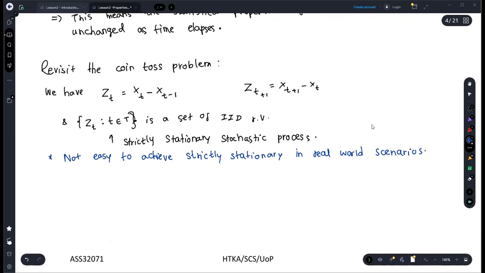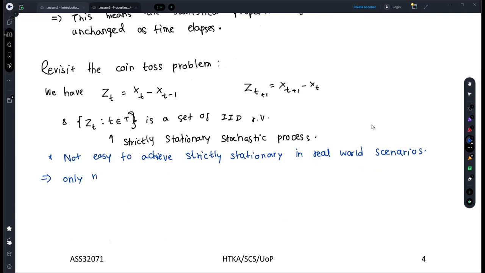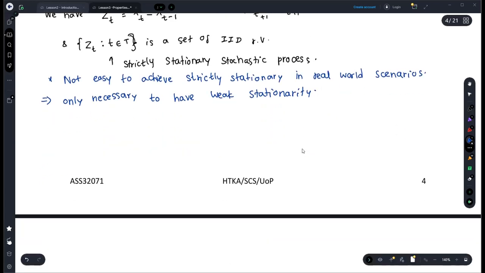So therefore, in practical situations, we usually only look at weak stationary, right? Weak stationary. So what is the weak stationary?